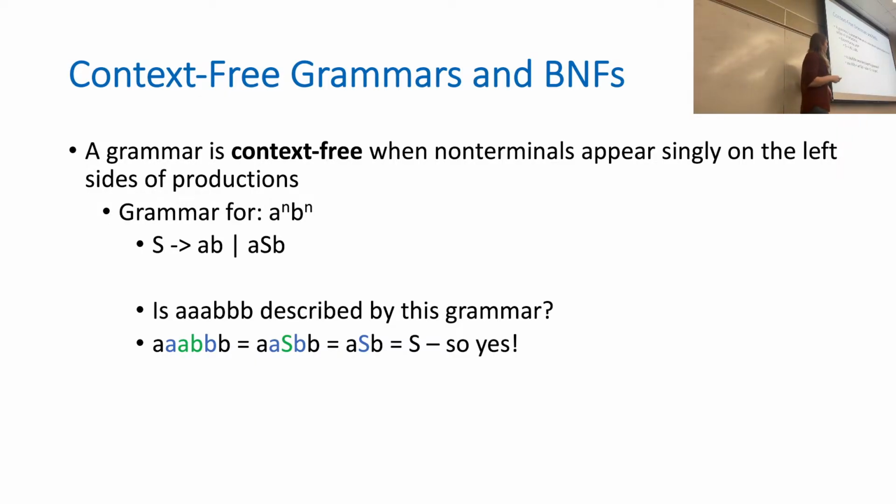Okay? So, a grammar for A to the N, B to the N. So S, the start symbol, can derive into AB or ASB. This is really more 303, I don't care as much, but just to show, is AAABBB described by this grammar?